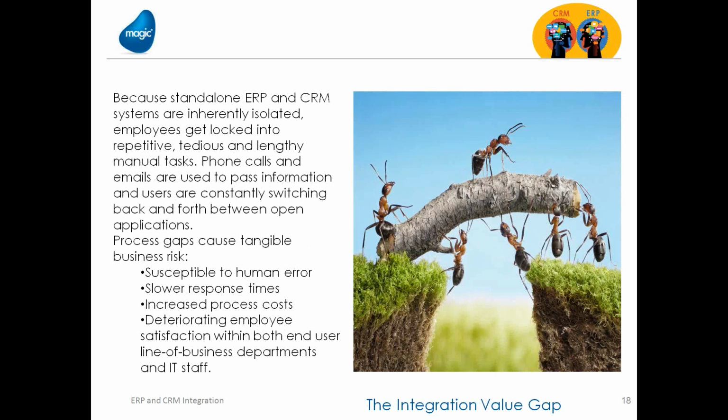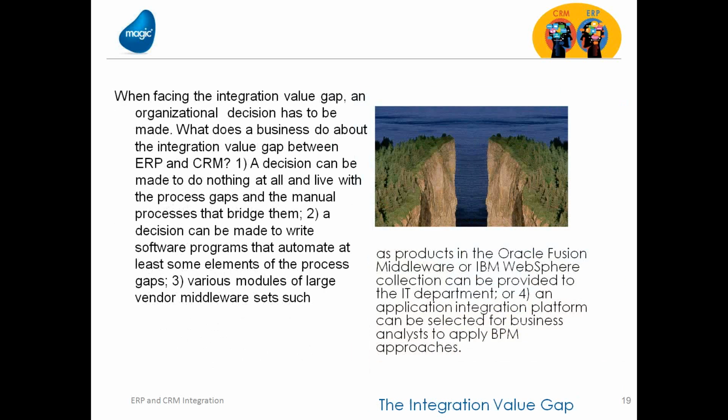Because of the gap that's there, there are tangible business risks that should be avoided. The susceptibility of these processes to human error, to slow response times, increased process costs, decreased employee satisfaction, all would take place if we simply say we're doing nothing, we're not going to deal with that.